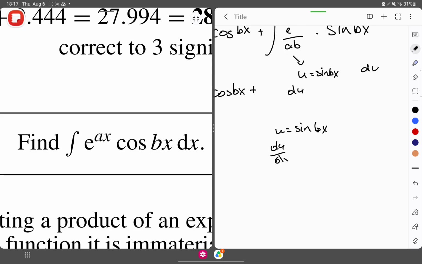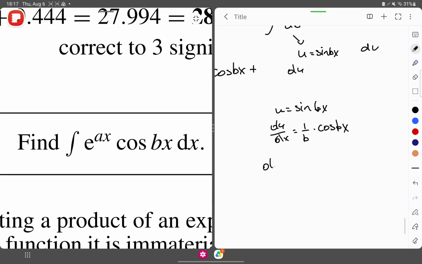The derivative of sine bx is 1 over b times the cosine, the integral of sine is negative, but the derivative is positive cosine bx. Is that true? Okay, let me think again. The integral of positive sine will be negative. If the integral of sine is negative, the derivative is positive. Okay, that's true.